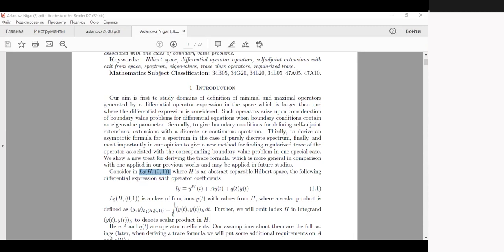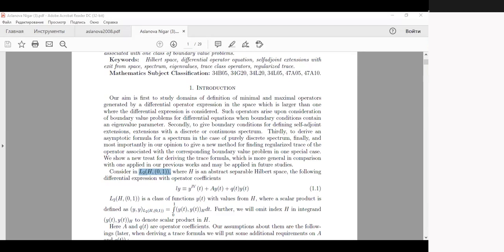And the space L2, H01, as you know from Lions and Magenes's book, is the space of vector functions y(t). Here H is an abstract separable Hilbert space. For each t value taken from that interval, our function value is from the space H.